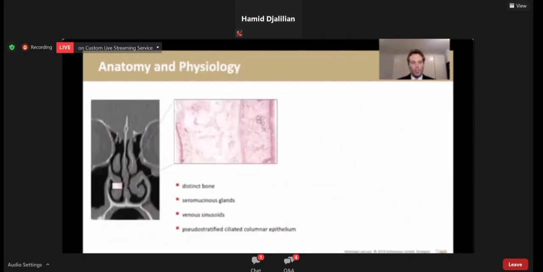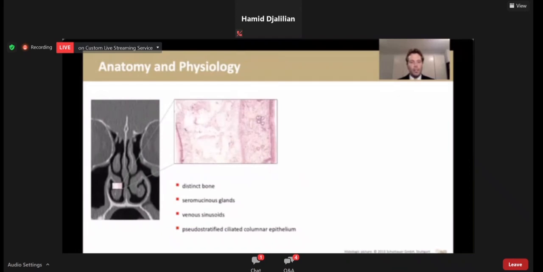When you have a closer look at the anatomy of the inferior turbinate, you find distinct bone in the middle, and this bone is covered by submucosal tissue consisting of seromucinous glands and also venous sinusoids. And these sinusoids are capacity vessels which can swell extensively.